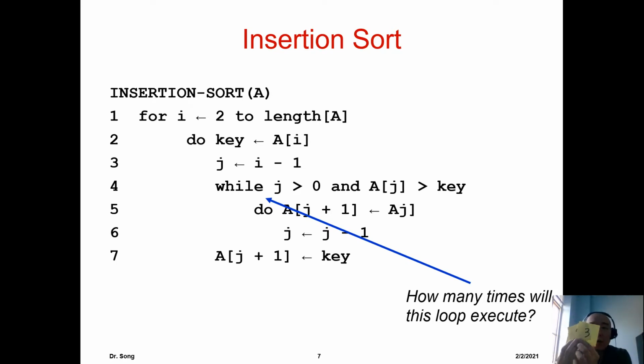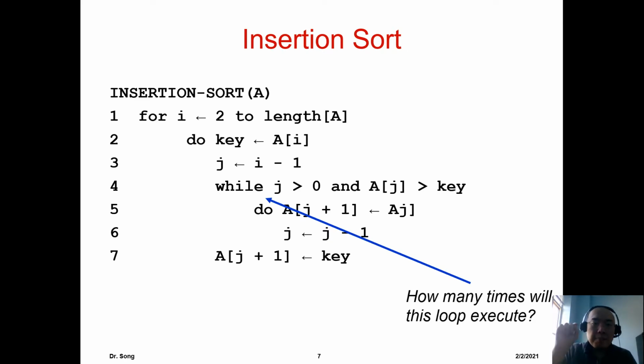After all those 3 values are shifted, you have the space to insert the 1. So how many shifts are you going to do? This is to insert the 4th value. To insert the 4th value, in the worst case, you have to do 3 shifts. I'm just using the 4th value as an example.